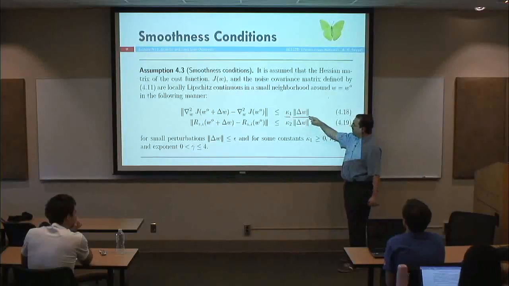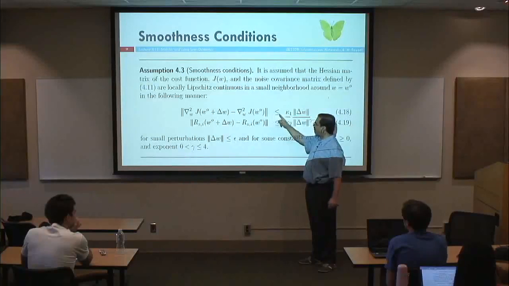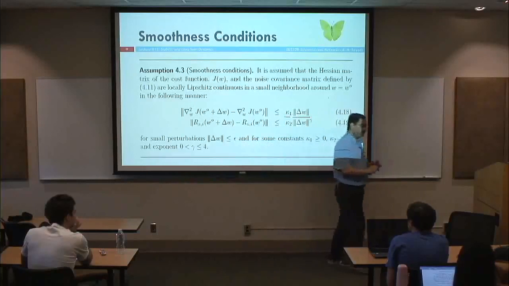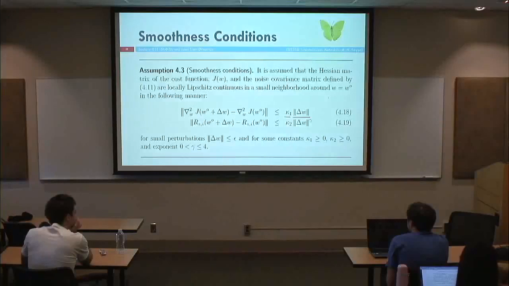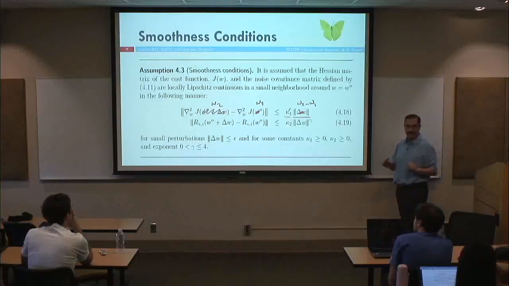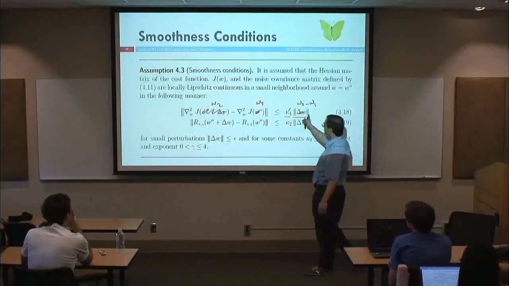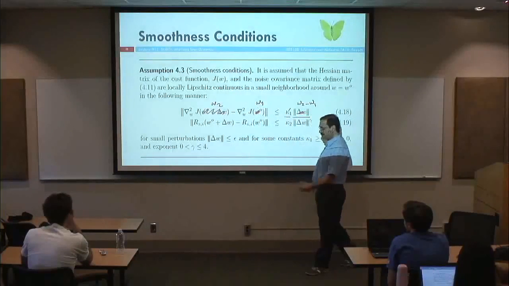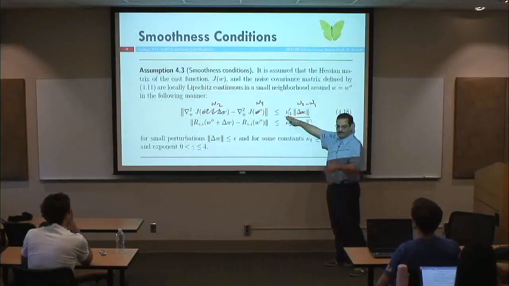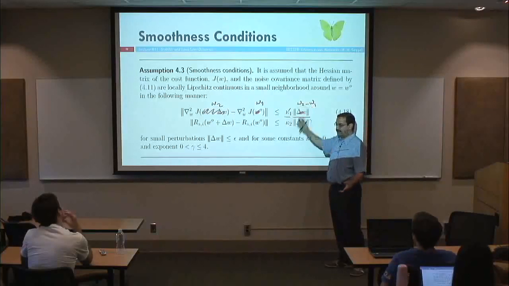I showed you specifically that this first condition, which requires the Hessian of your cost to be Lipschitz locally, is actually more general than that, and you can say that for any omega 2 and omega 1, a condition like that will hold, okay? I'm not going to prove it again because it's proven in the appendix, okay? So I can say that because the Hessian is locally Lipschitz, it will be globally Lipschitz with some constant. It will be different from kappa 1, but it doesn't matter, it's a constant, okay?